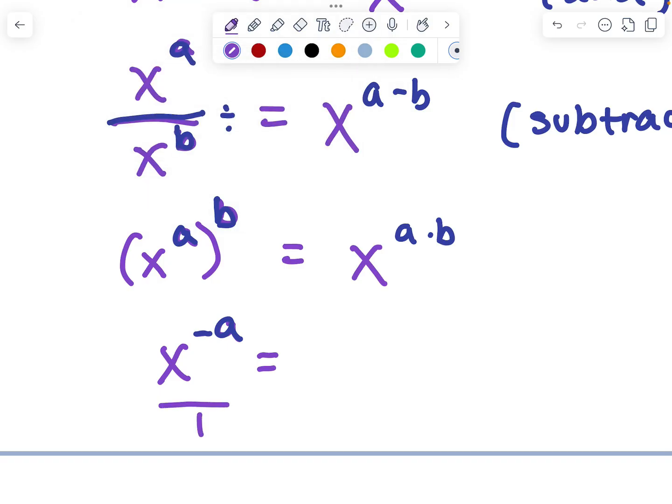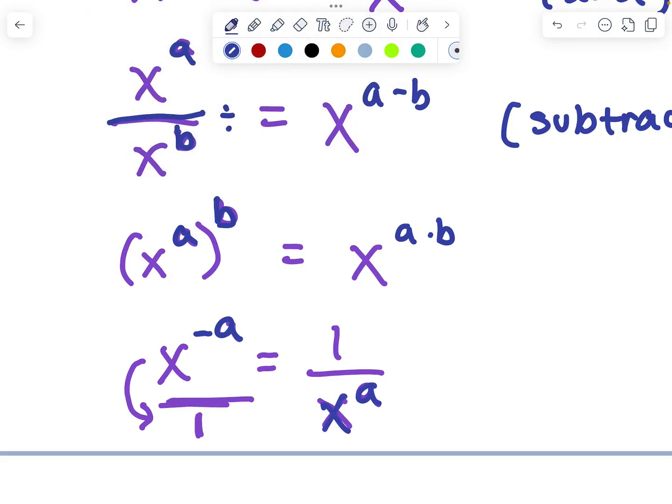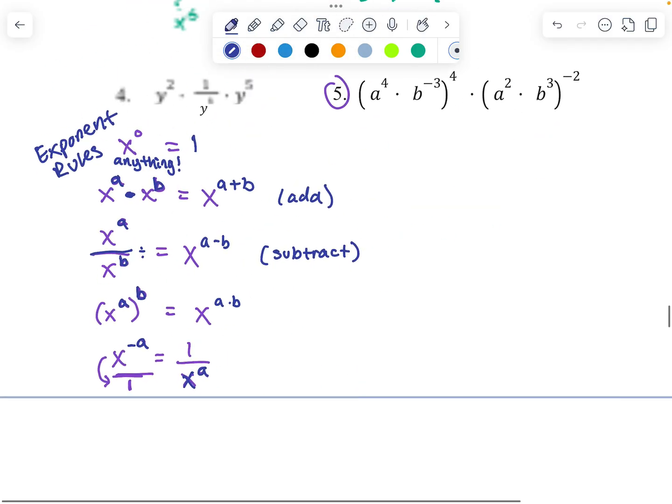So this is really over 1, right? We can divide anything by 1 and it stays the same. So we bring it down to the bottom, and this becomes x to the power of a, and now it's positive because it's on the bottom here. X to the power of a on bottom, okay?